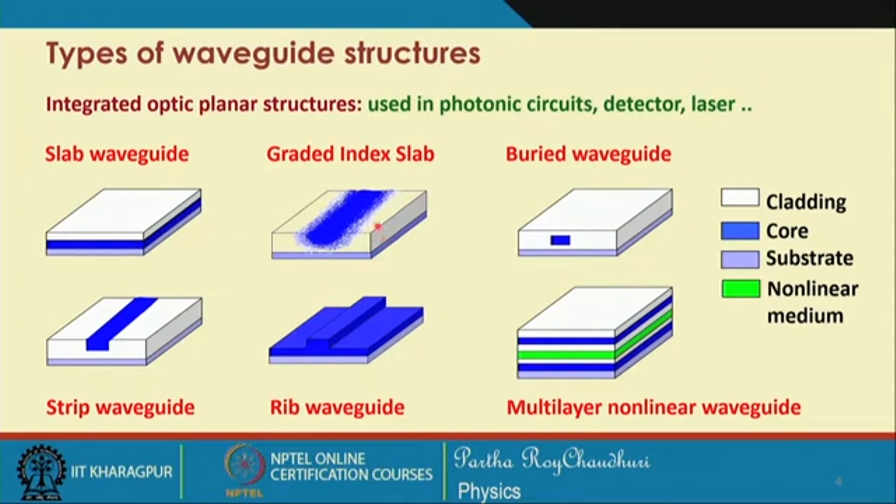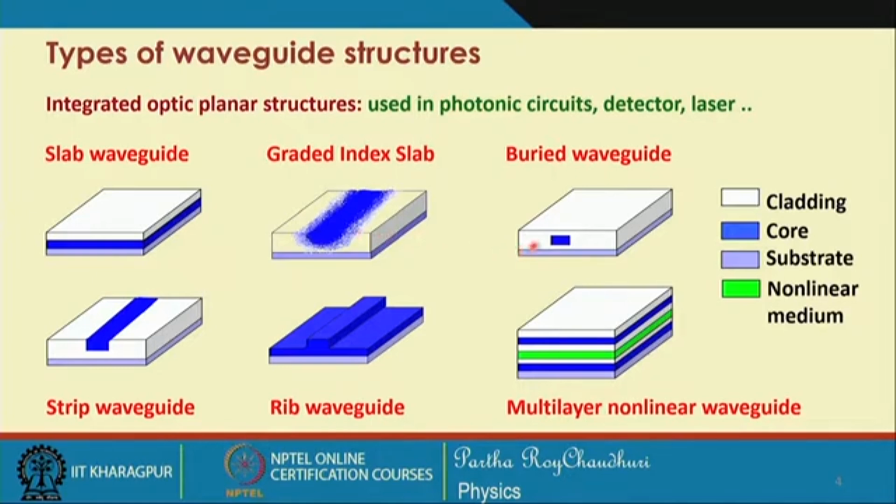It could as well be a waveguide which has a graded refractive index profile, for example, titanium diffused integrated optic waveguides. There are several examples depending on the type of fabrication, where the profile is linear, exponential, or it could be a complex varying function as well.